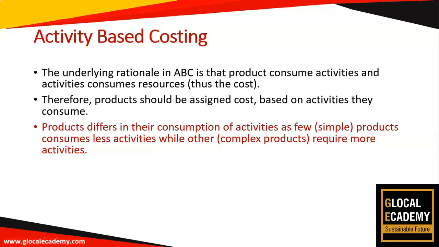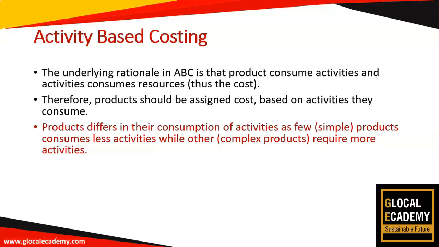A few of the products may require designing, whereas other products may not require designing. A few of the products may require, let's say, marketing, whereas a few other products may not require marketing. Likewise, a few products require maybe quality control, whereas other products do not require quality control.